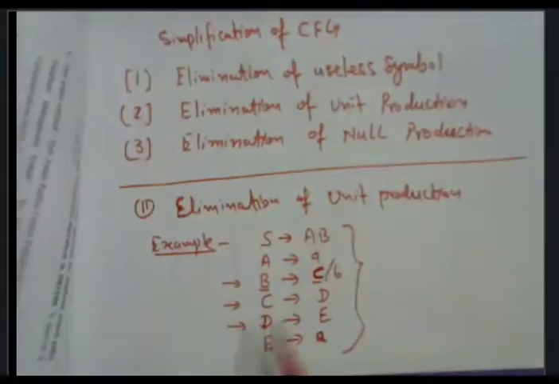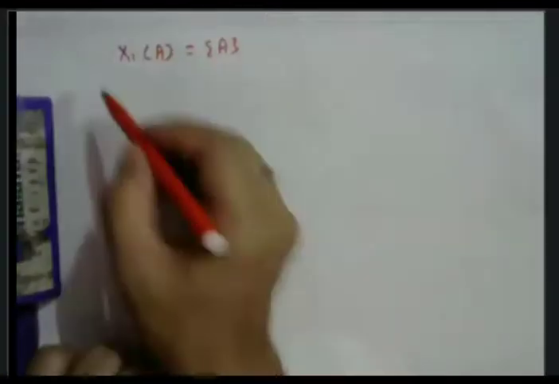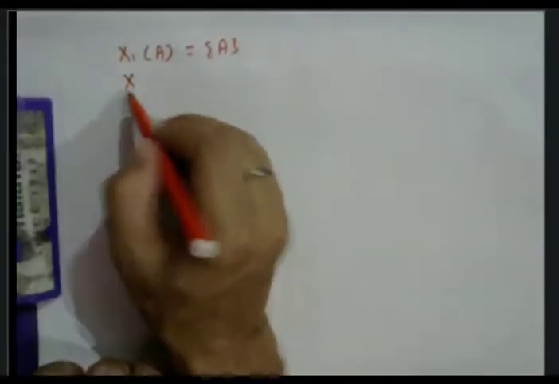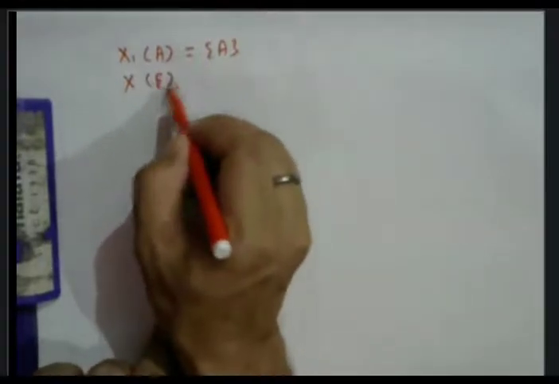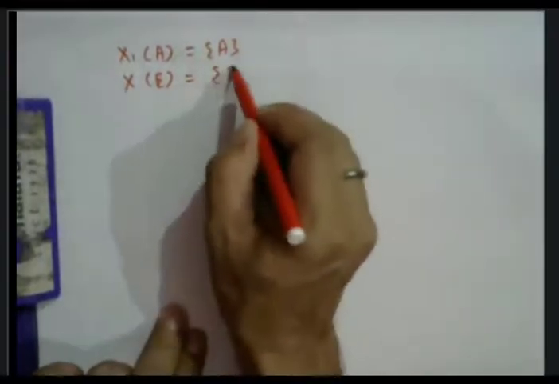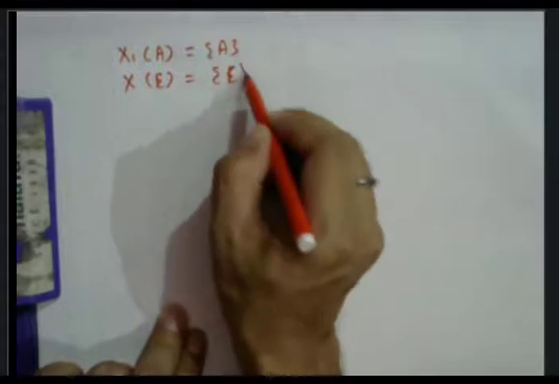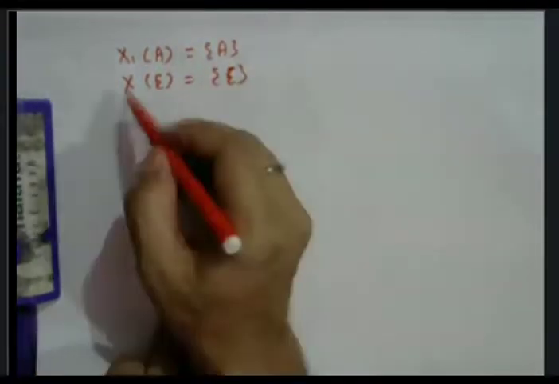Similarly, the value of x of E is similarly E. There is no unit production in this value.